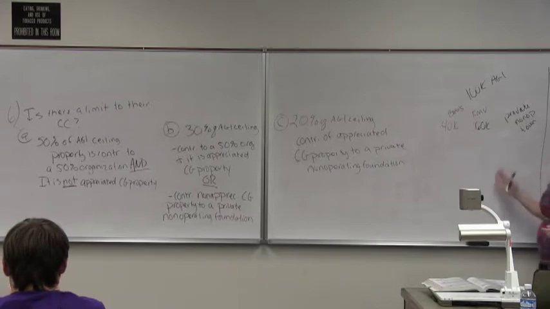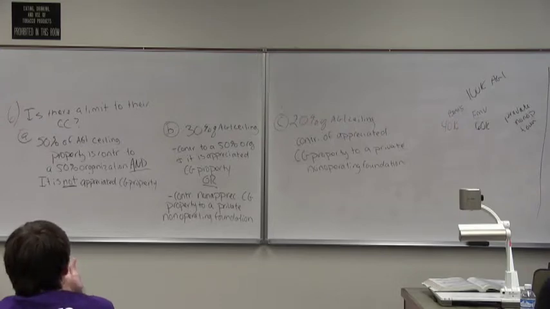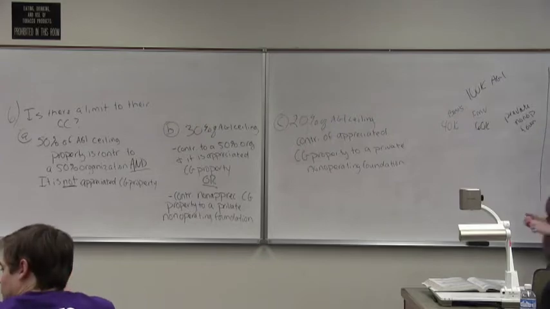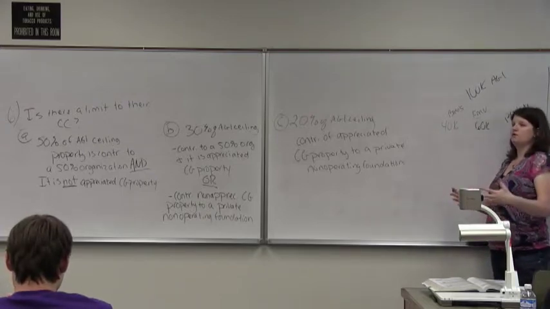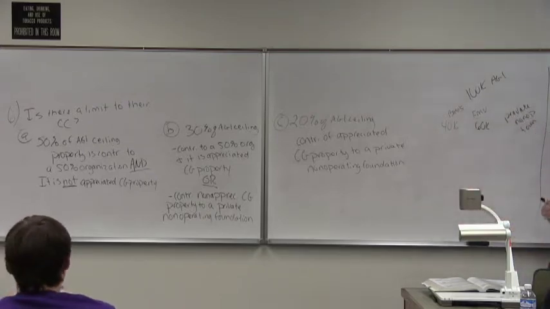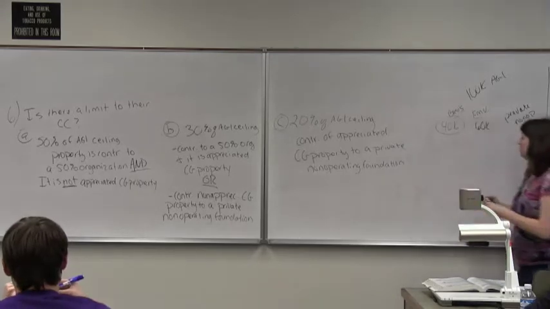What's going to be the value of their contribution? Is it $40,000 or $60,000? What do y'all think? The basis or the fair market value? Basis, right. Because it is being contributed to a private, non-operating foundation. And if you answer these questions in the order that we did them in class, you will already know the answer once you get to this point. So $40,000 is going to be the amount of the contribution.